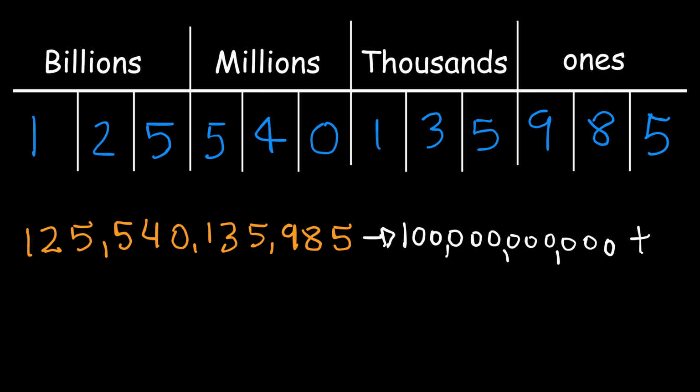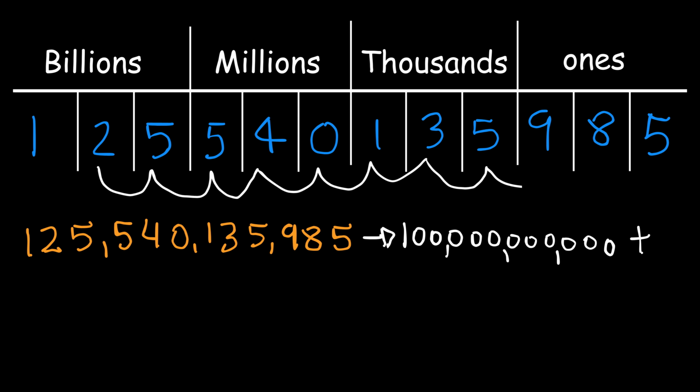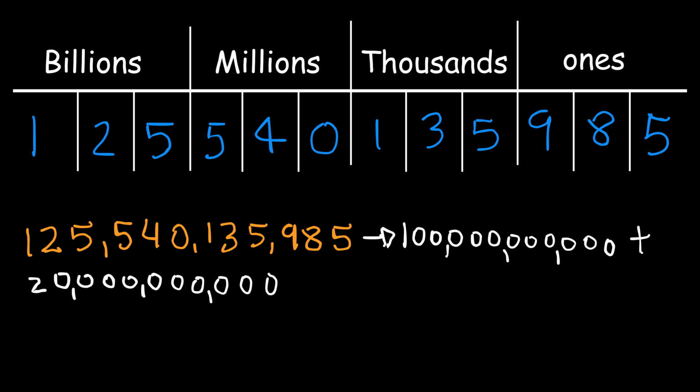Now, the 2 is under the 10 billions place value, and if we move to the right, 1, 2, 3, 4, 5, 6, 7, 8, 9, 10, it will be followed by 10 zeros, and this in expanded form will be 20 billion.